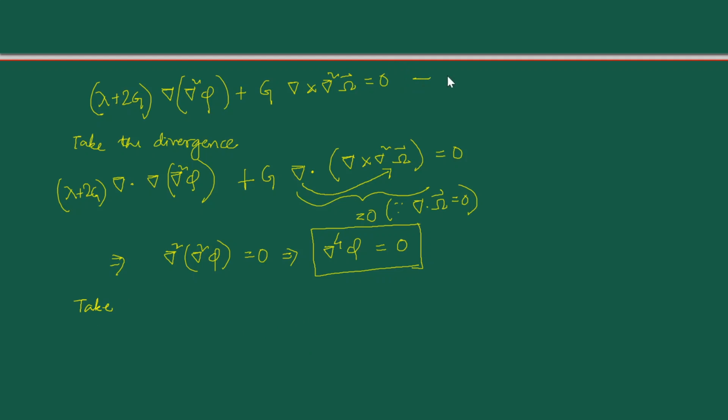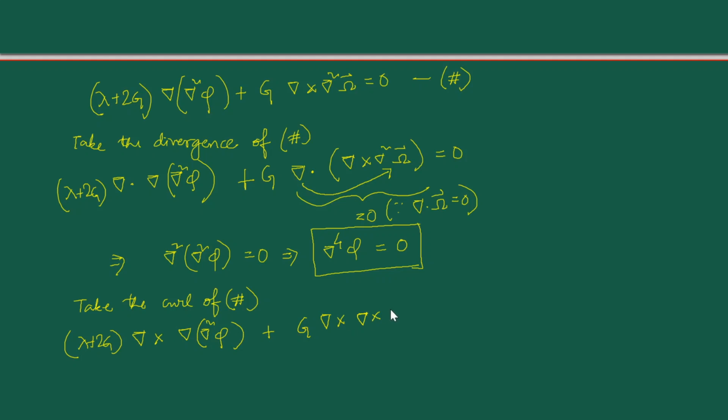So let's say this equation is hash, and now take the curl of hash. So this is lambda plus twice g curl of the gradient of this thing plus g curl of this entire thing.